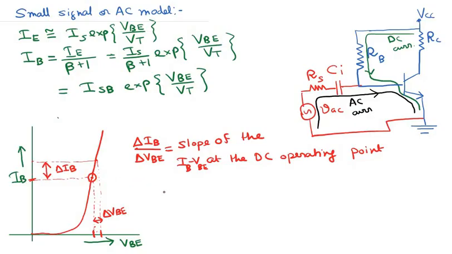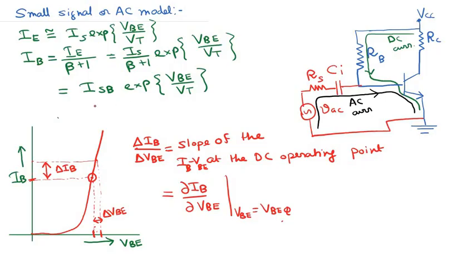So this is equal to delta IB over delta VBE at VBE equal to VBEQ. VBEQ means the base to emitter voltage at the Q point, and the Q point is the DC operating point. So the base to emitter voltage at the DC operating point.